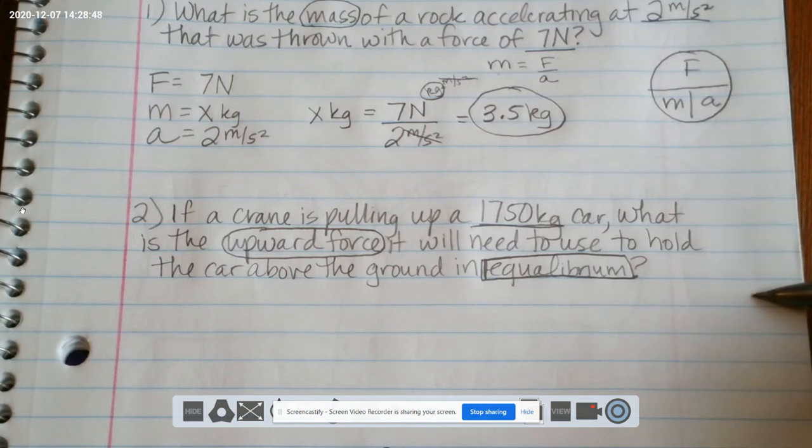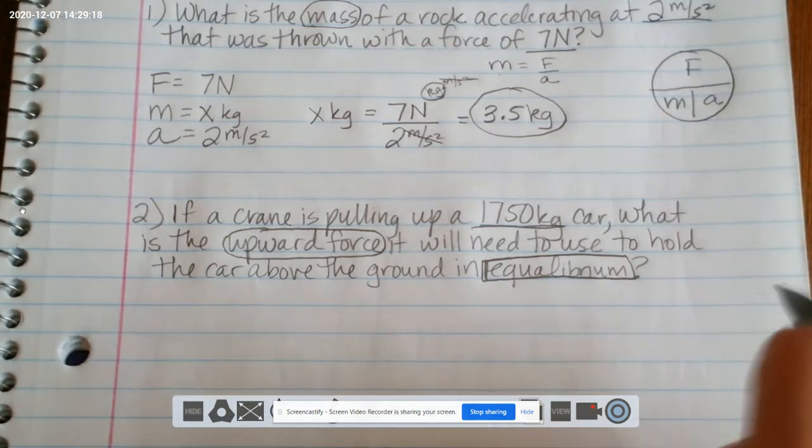An object can be still, holding still and not moving, or an object can be moving at a constant velocity. If it's moving at a constant velocity, its forces are still balanced, which gives us a net force of 0. If our object is holding still, our forces are also balanced at a net force of 0. So equilibrium means balanced forces.